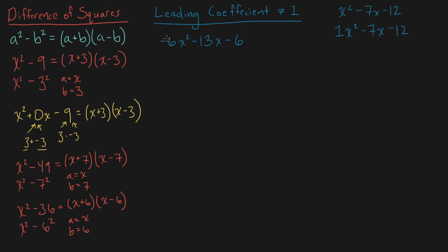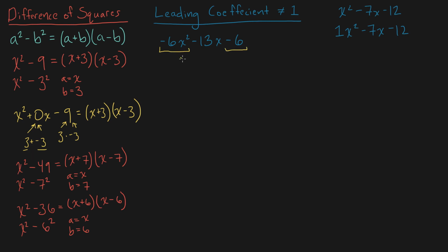Just to review, the leading coefficient here is negative 6, so it's not 1, and that's why we're going to follow this particular process. I'm going to start by taking my leading term, which is there, and my constant term, which is here.